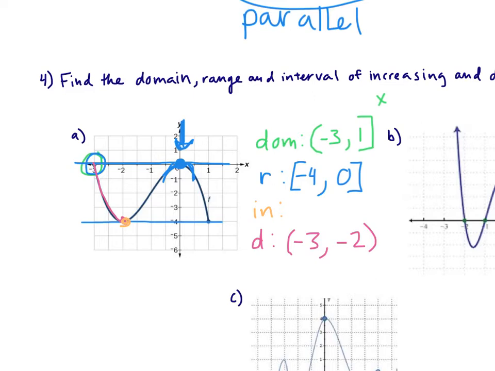Then from -2 to when x is 0, we're increasing. So our first interval of increasing is -2 to 0. And then our graph ends decreasing from when x is 0 to when x is 1.